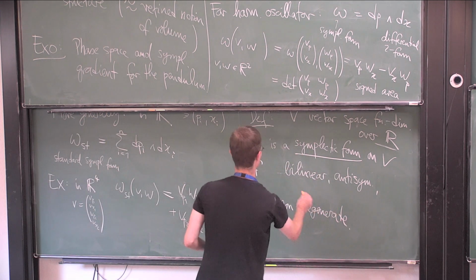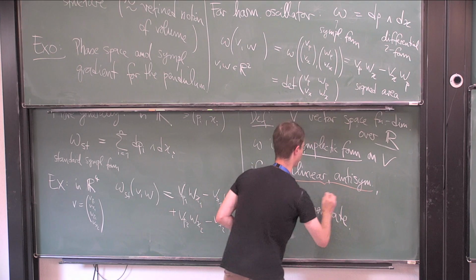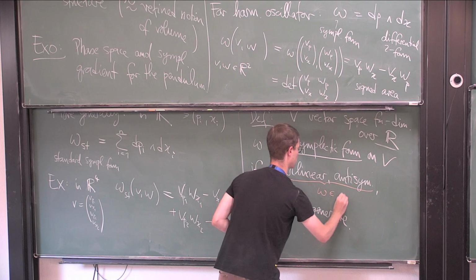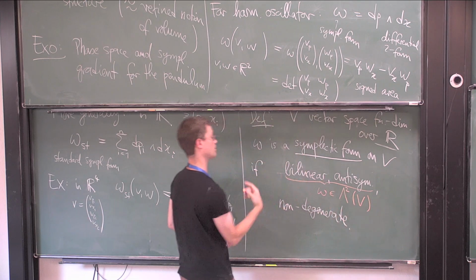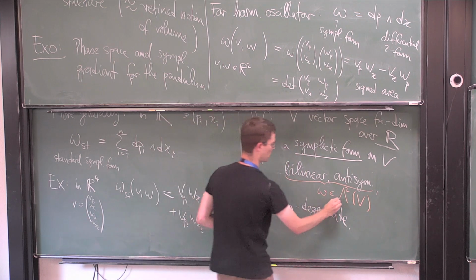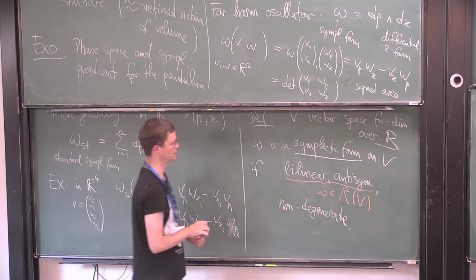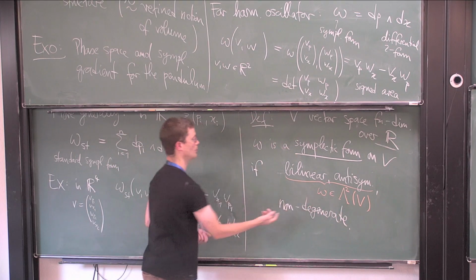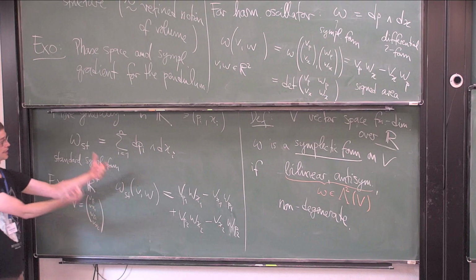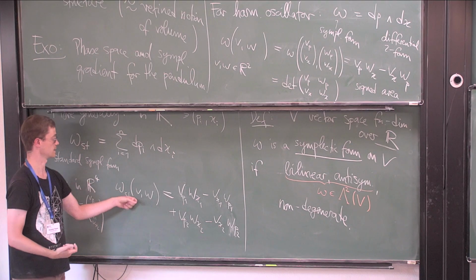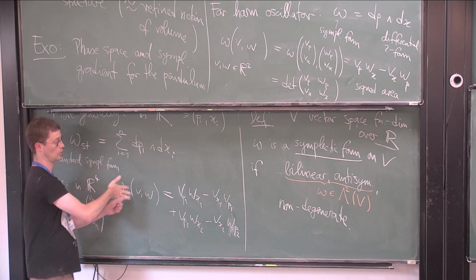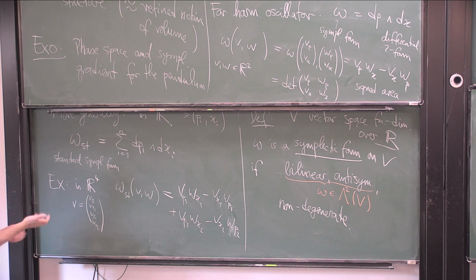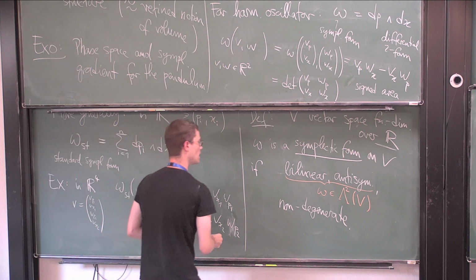Sometimes people would just say that omega is an element of the exterior power of V. Mathematicians have seen this symbol. It means omega is an object which takes two vectors as an entry, but whenever you take a linear combination of vectors, you can factor this out.